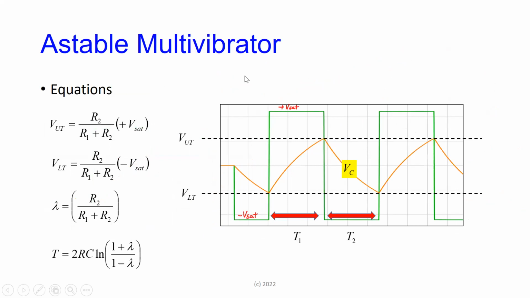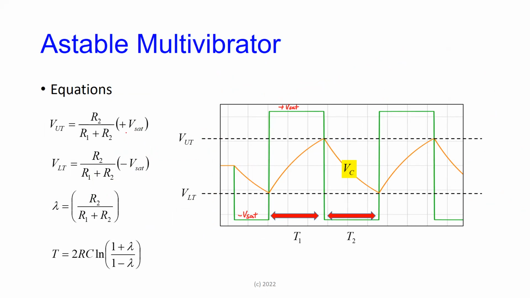The arithmetic behind it is, first off, the actual voltage. We saw that the threshold, the little voltage that I was calling V1 and V2, is plus or minus Vsat times R2 over R1 plus R2.